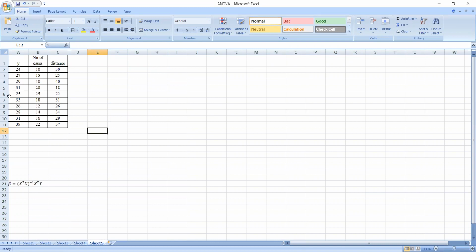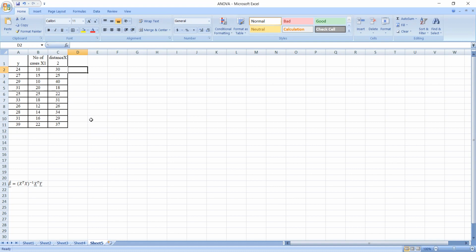So I have the data set here. You have y, you have the number of cases and the distance. I'll take the number of cases as x1, and I'll take the distance as my x2 variable, right? And now we are using this data set to obtain the parameters.